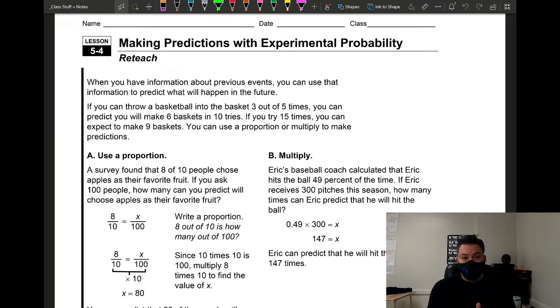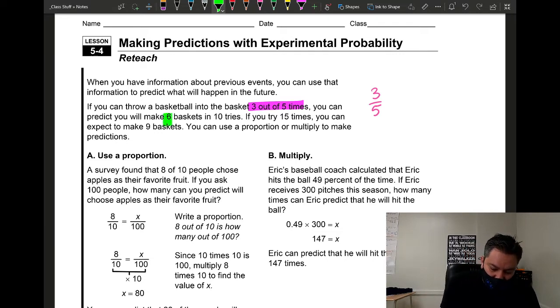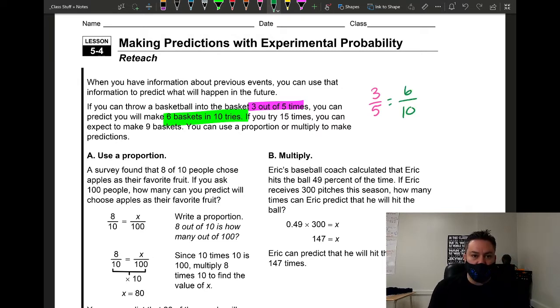So they're using proportions right here. So basically, this is what they're doing. The first option is 3 out of 5, right there. And then they're saying you can predict that you're going to make 6 out of 10. That means that 6 out of 10 is the same thing, you just multiply by 2.